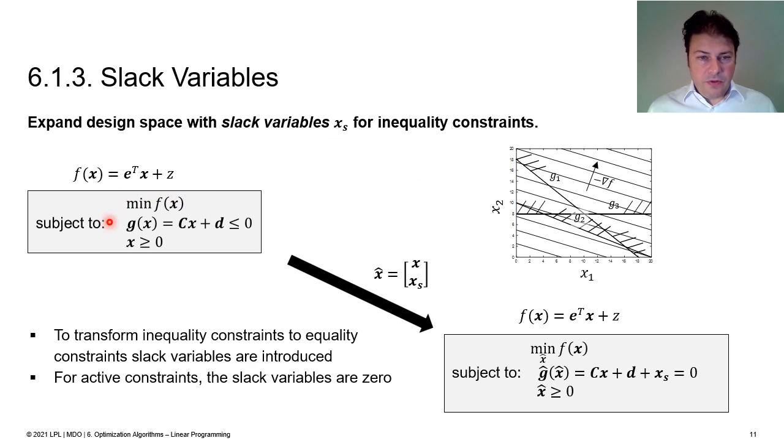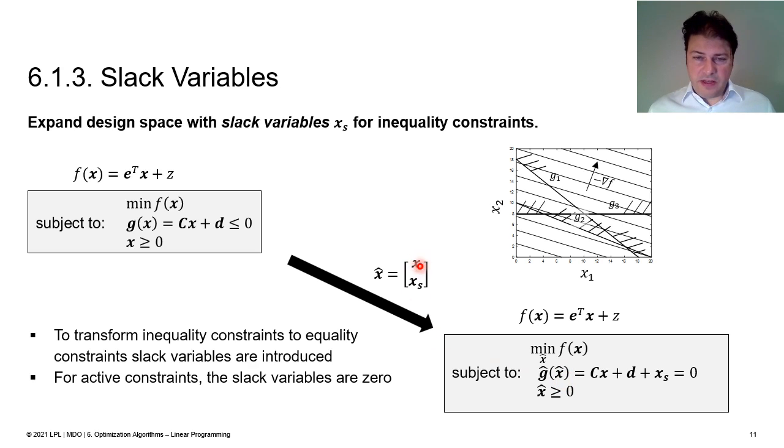So you can turn this optimization problem here on the left-hand side into an equivalent optimization problem where we replaced this inequality constraint by an equality constraint using this new function g hat, which depends on an extended design variable vector x hat.